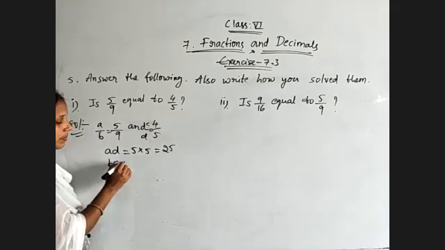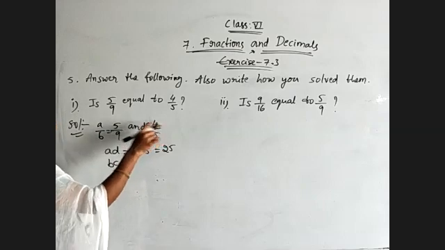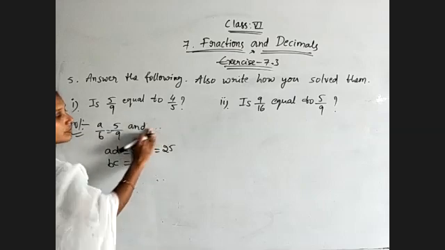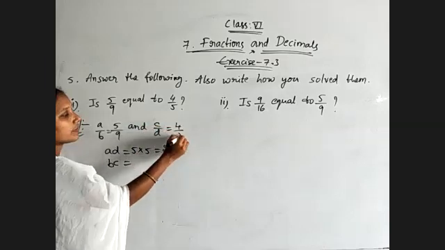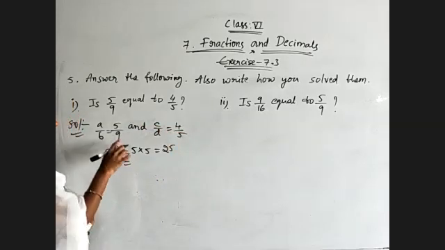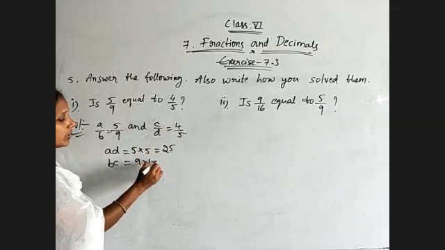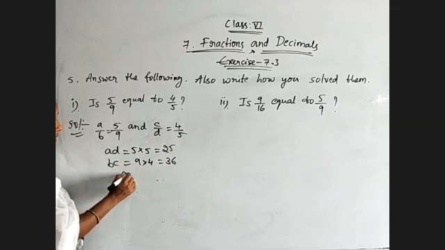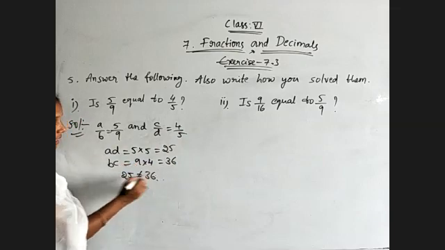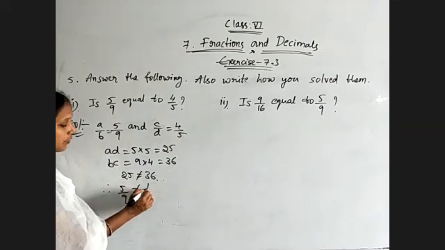And BC, B into C. B value is 9, C value is 4. So B into C is 9 4s are 36. Are they equal? No, 25 is not equal to 36. Therefore, 5 by 9 is not equal to 4 by 5.